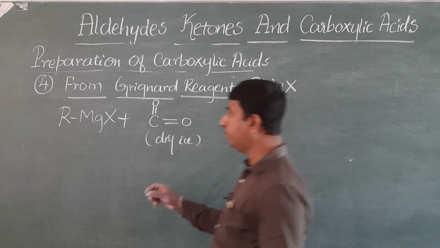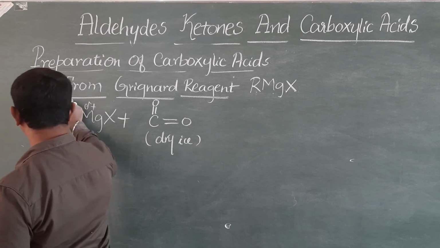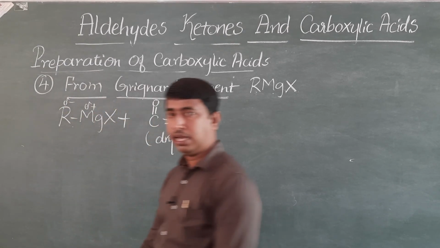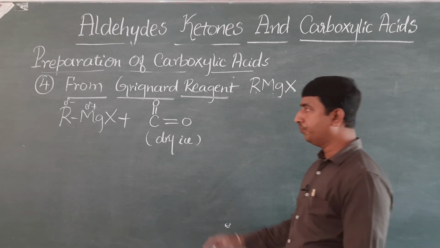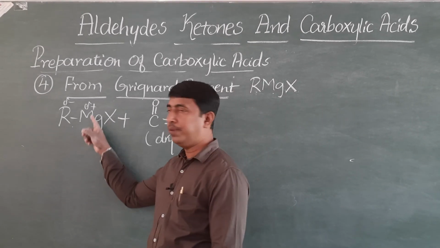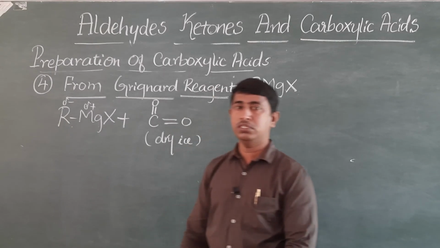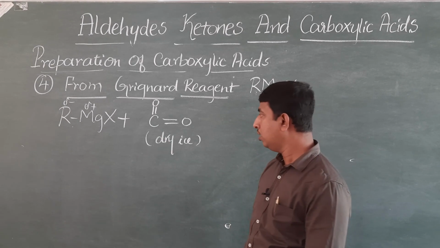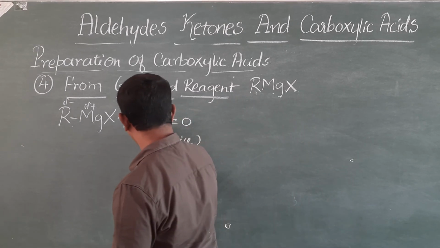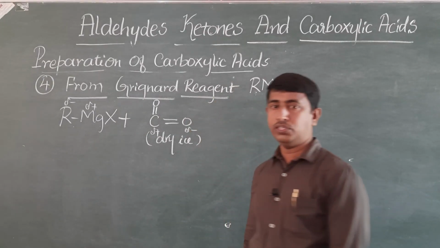So which is the nucleophile here? In Grignard reagent, we know that metal carries positive charge, carbon carries negative charge, because metals are electropositive, readily lose electrons. So metal always possesses positive charge, carbon possesses negative charge. What about carbonyl group? In carbonyl group, carbon is positively charged, oxygen is negatively charged.